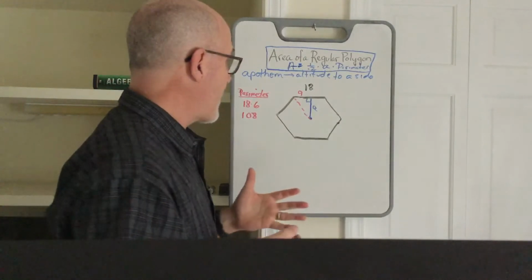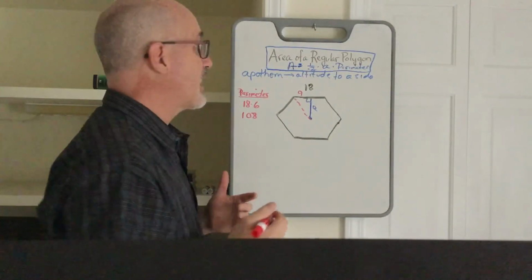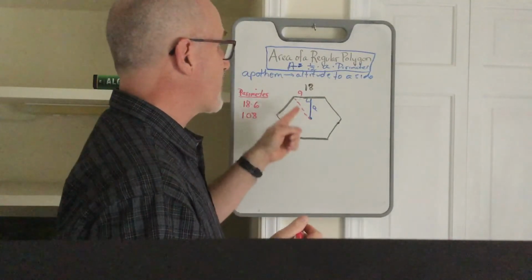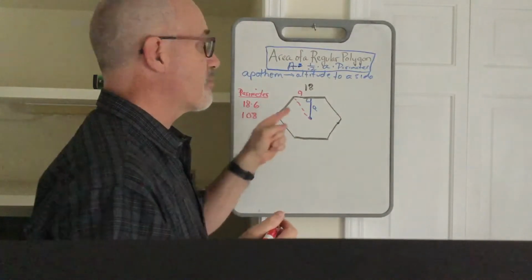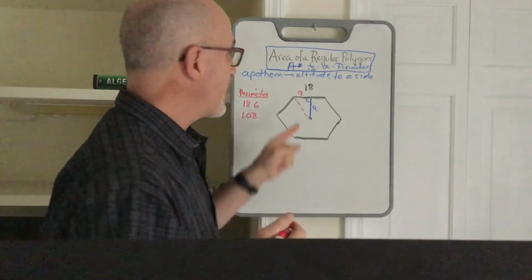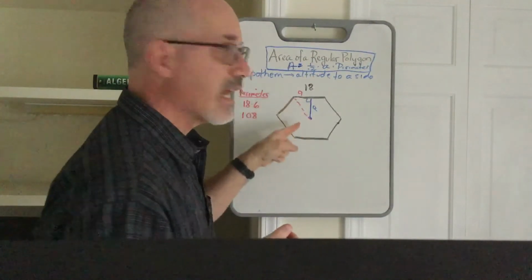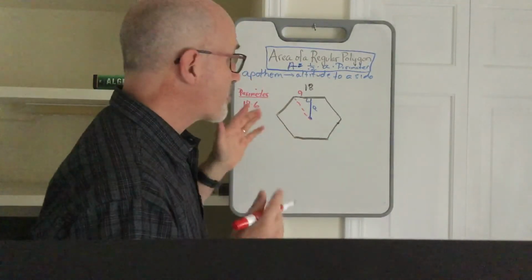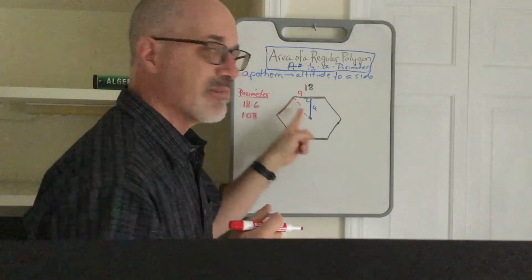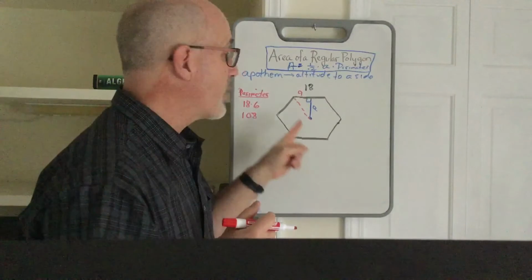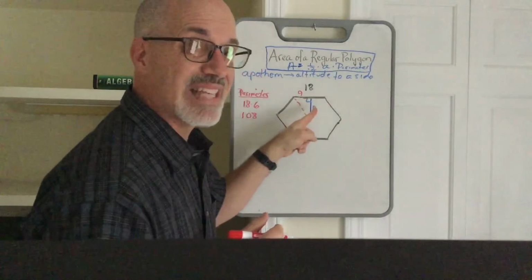Now, once I've got that, we've got this apothem here, and we want to find out what the apothem length is. Well, we can use this right triangle to figure that out. The problem is we only have one side, and we don't have the hypotenuse, but we can figure out what this angle is.